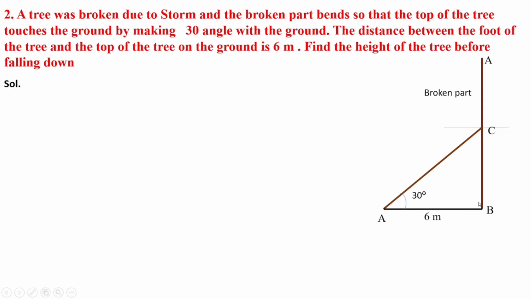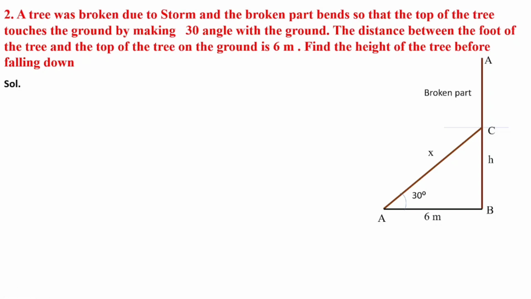The distance between the bottom of the tree and the top portion of the tree is 6 meters. Now BC is the height of the tree after falling. Let h be the height of the tree after falling, and this x is the part of the tree broken. This x is the AC distance, which is the part of the tree broken due to the storm.